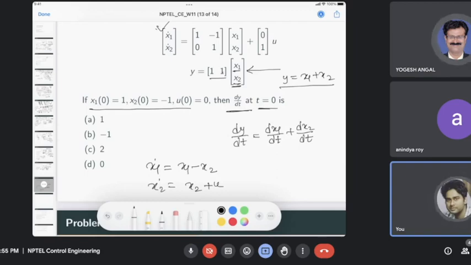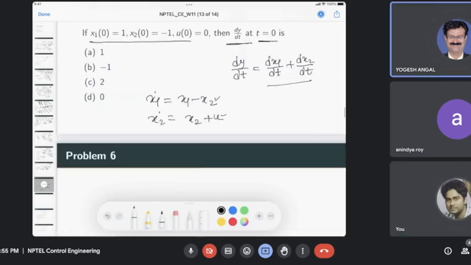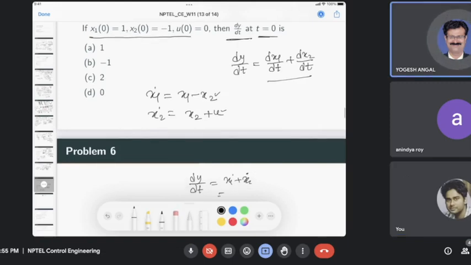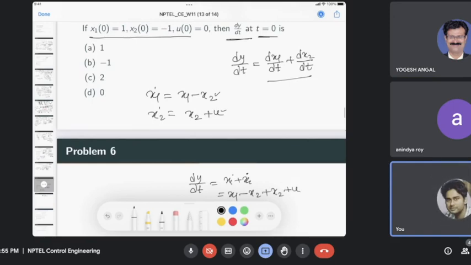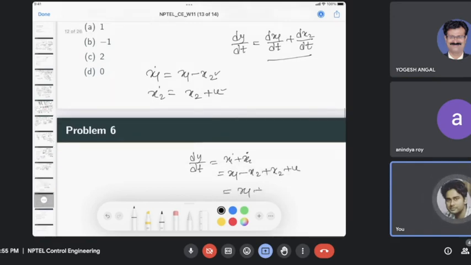We put these in, so dy by dt equals x1 dot plus x2 dot, which is x1 minus x2 plus x2 plus u. So it's simply x1 plus u.